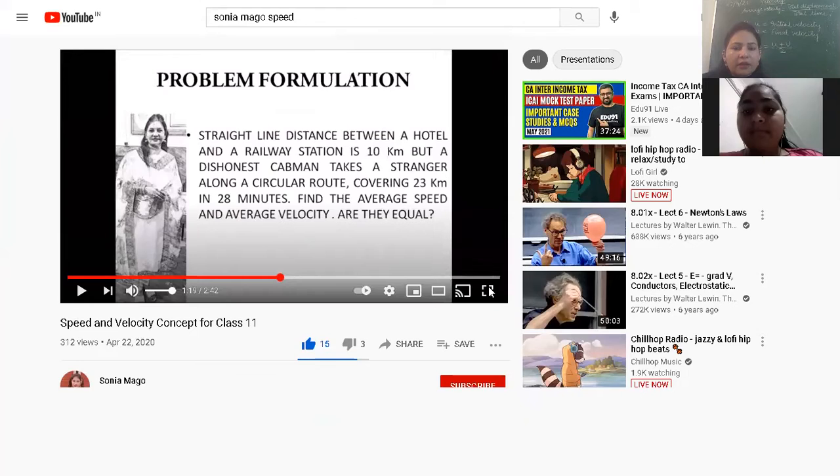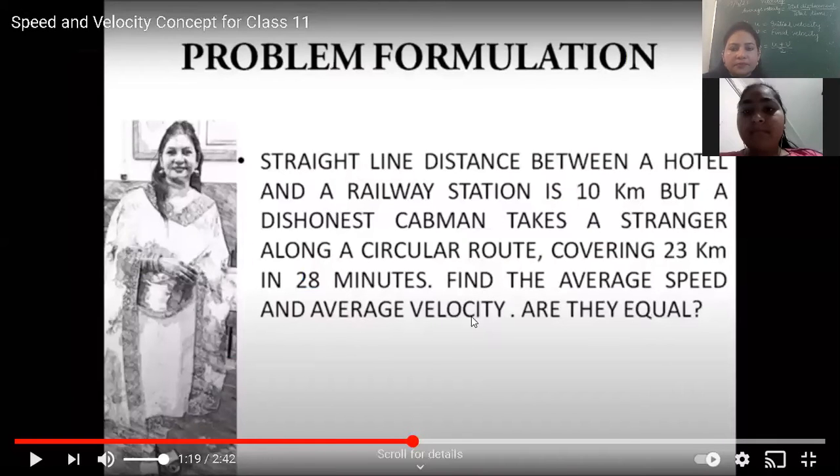Straight line distance between a hotel and a railway station is 10 kilometer, but a dishonest cabman takes a stranger along a circular route covering 23 kilometer in 28 minutes. Find the average speed and average velocity. Are they equal?